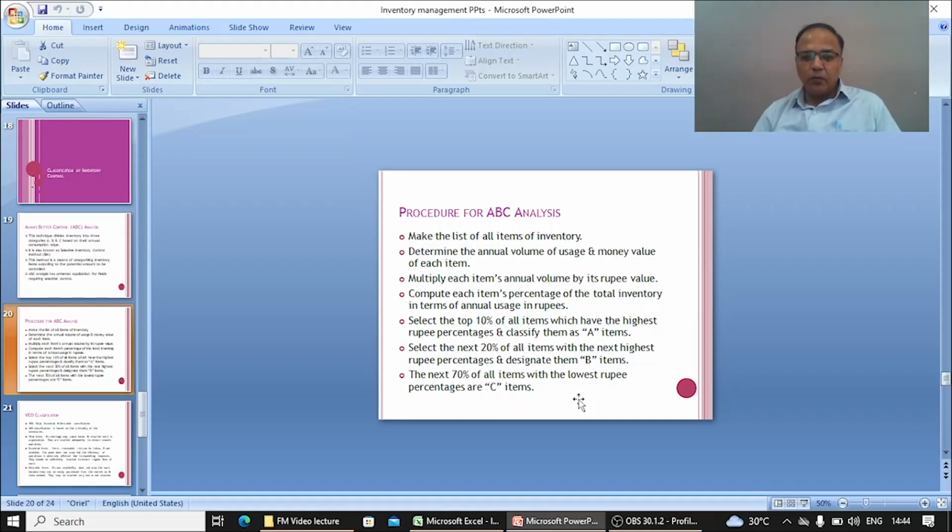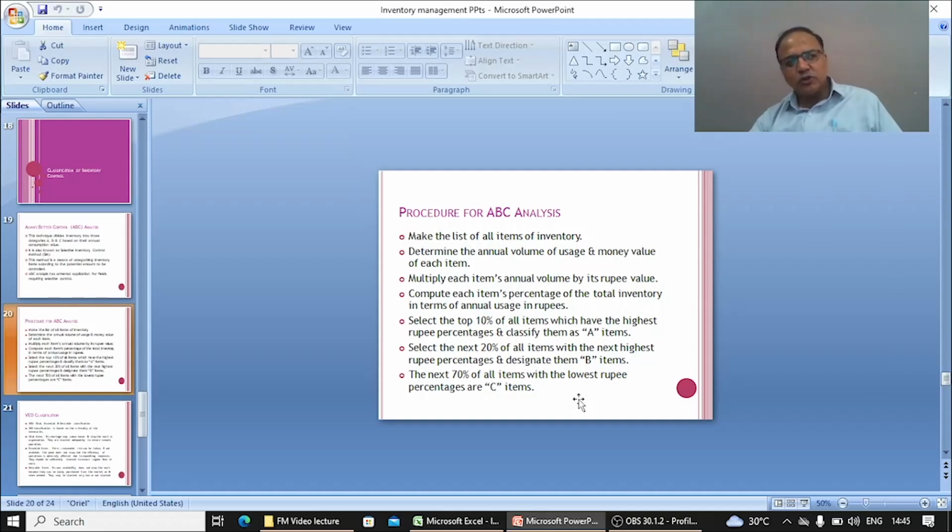Now, second thing, select the next 20% of all items with the next highest rupee percentage and designate them B items. So the first category is top 10%, the second category is next 20%, and the third category is the remaining 70%. It means first 10%, after that the next 20%, and after that the remaining 70%.